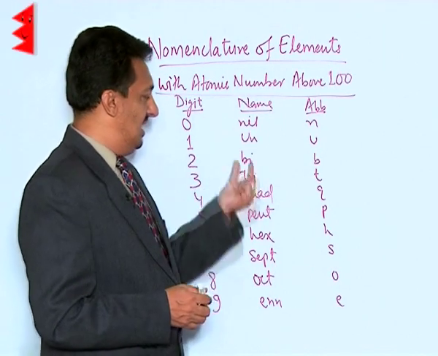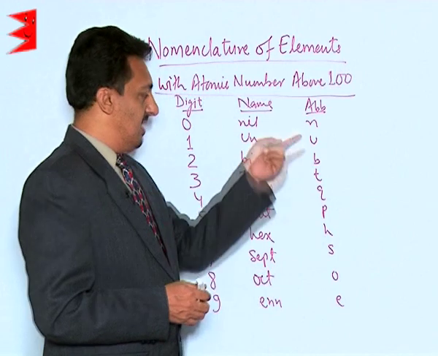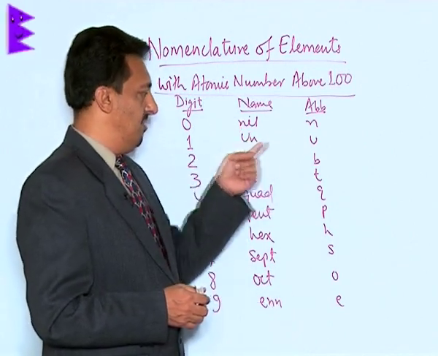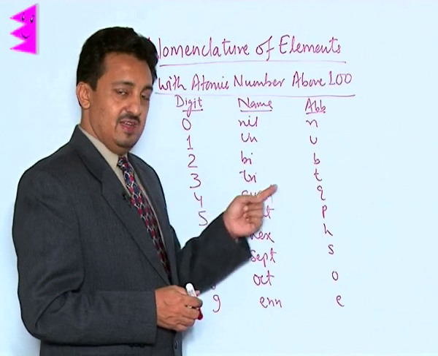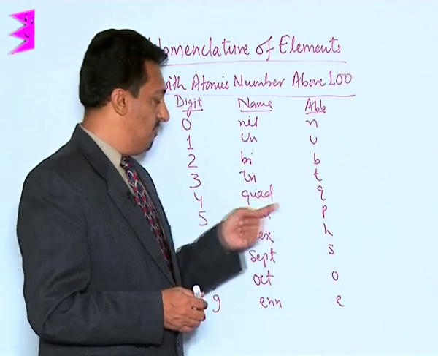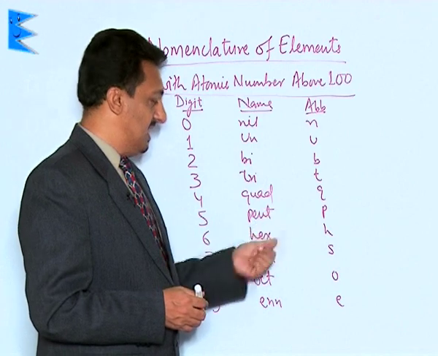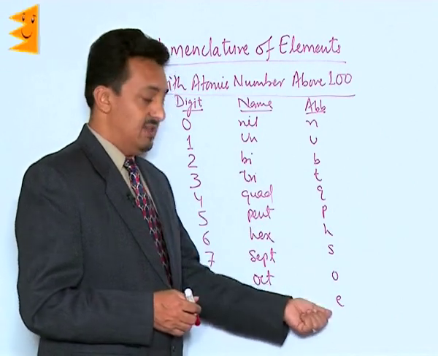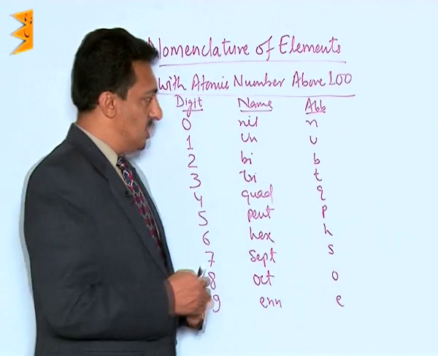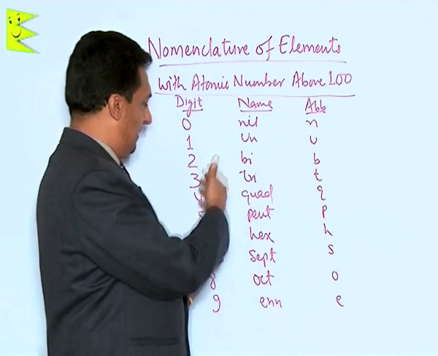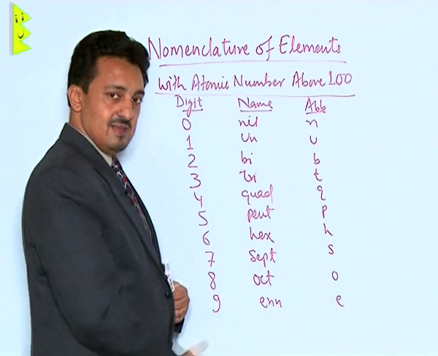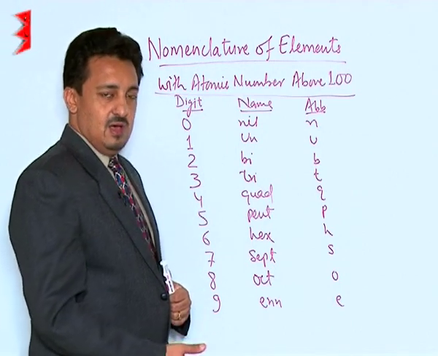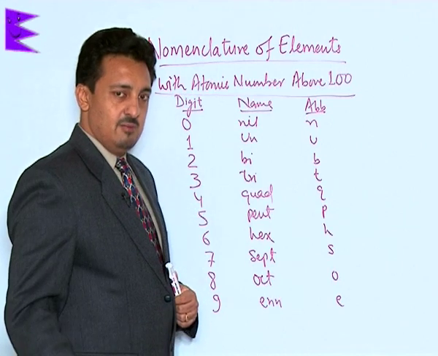The first letters of these names are given as symbols to these digits: nil is N, un is U, bi is B, tri is T, quad Q, pent P, hex H, sept S, oct O, and enn has been given E. We have to remember this first, and then we can use them in naming the elements with atomic number more than 100.